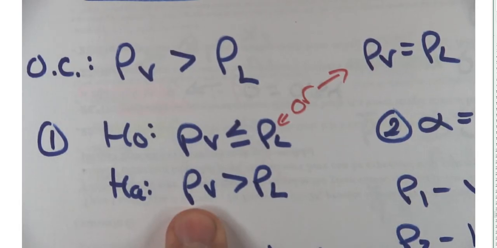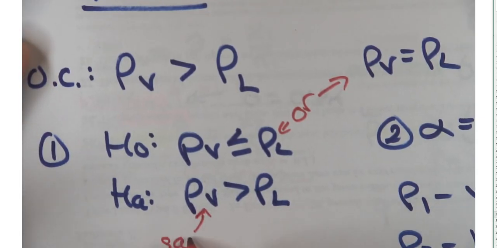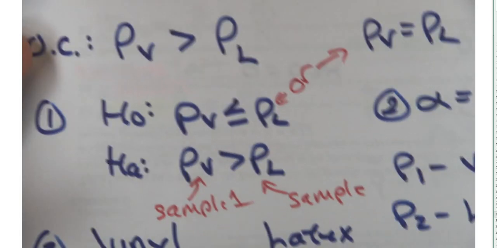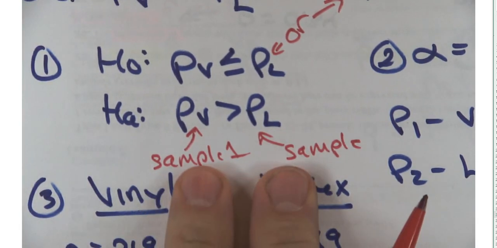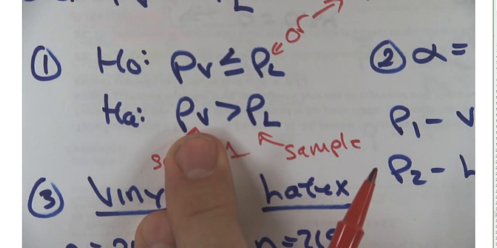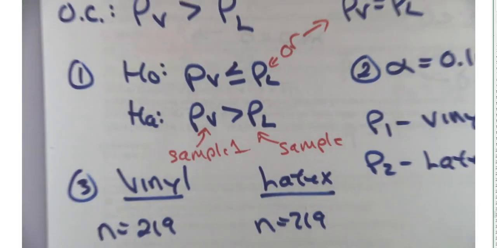The important thing to keep straight is what's here. Because when you input things into StatDisk, this is going to be sample 1. And this is going to be sample 2. So you can put things in any order that you want, just as long as you keep in mind that the one on the left is going to be sample 1 and the one on the right is going to be sample 2. So that does become important.